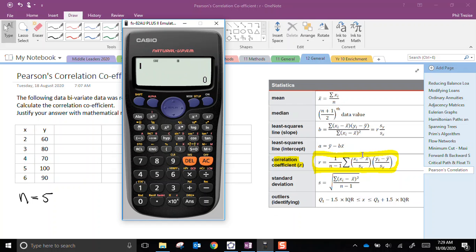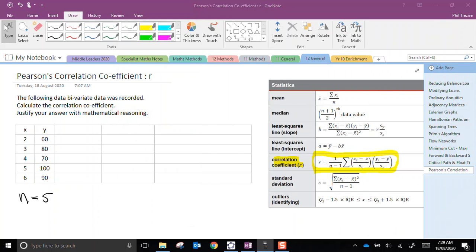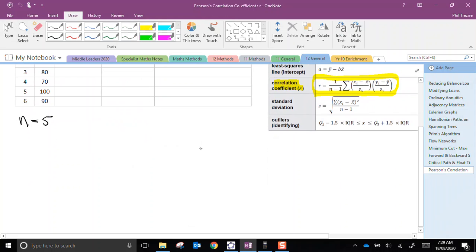Now, notice in this formula I need things like the mean of the x's and the mean of the y's. So to calculate the mean of the x's, I need the sum of the individual x's divided by n. And this is what it means by justify with working. So I'll write the mean of the x's is the sum of the scores, x, divided by n.